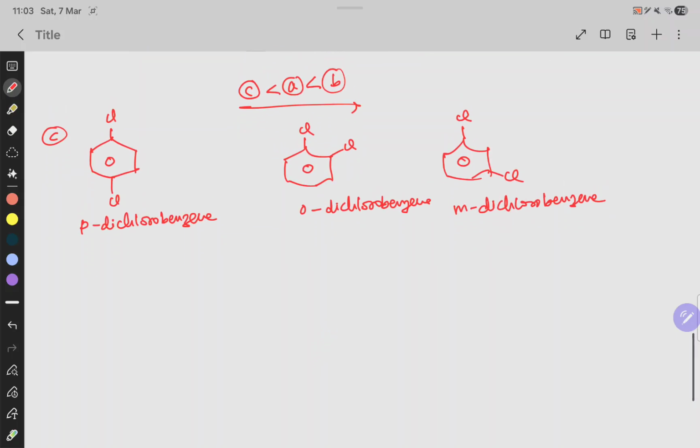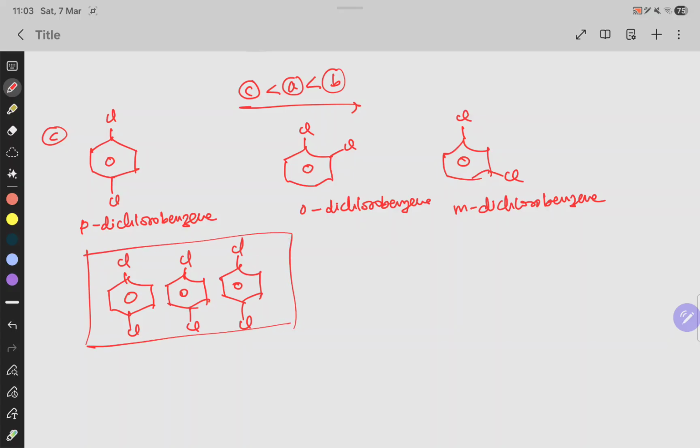So when you take para dichlorobenzene, this compound is symmetrical in nature and in the crystal lattice it fits perfectly, right? So in the crystal lattice it fits perfectly.